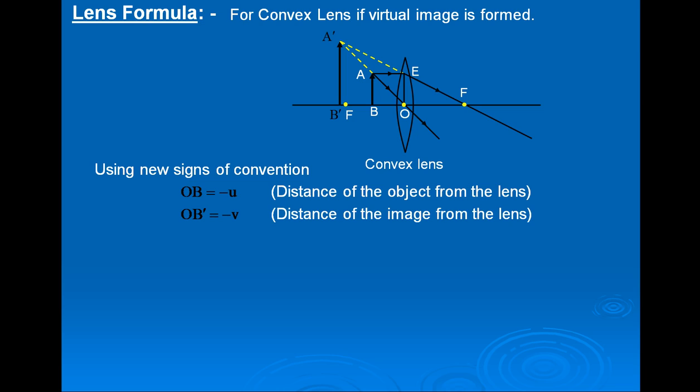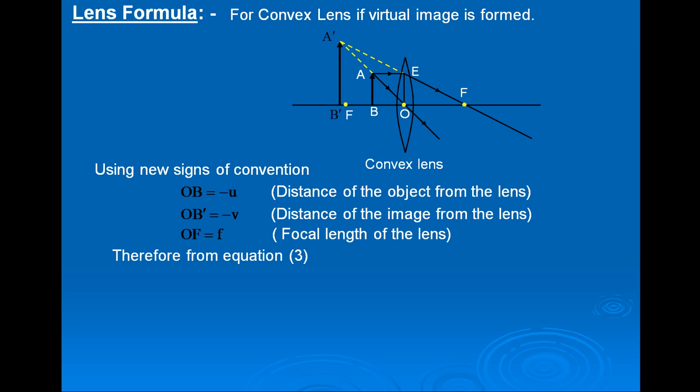This is also negative because it is against the direction of incident ray. OF is equal to f, the focal length of the lens. It is positive because it is in the same direction of incident ray.